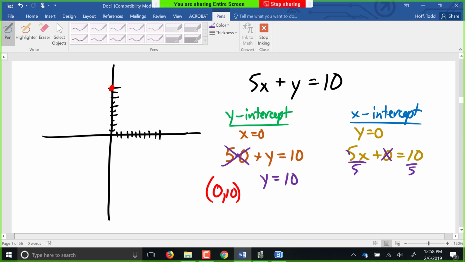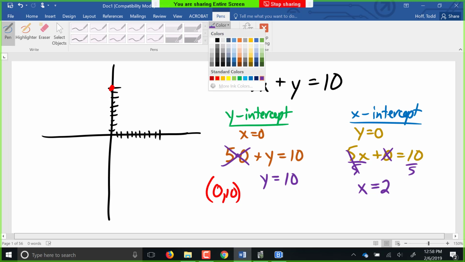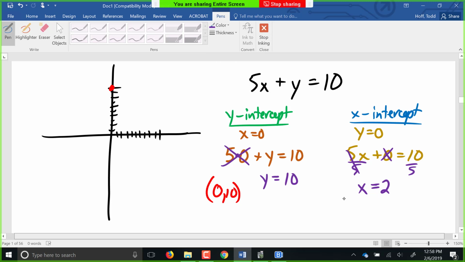Divide by 5 to get x equals 2. So that corresponds to the coordinate (2, 0). Perfect. x is 2, y is 0. That's right there. There's our line. What do you think so far?